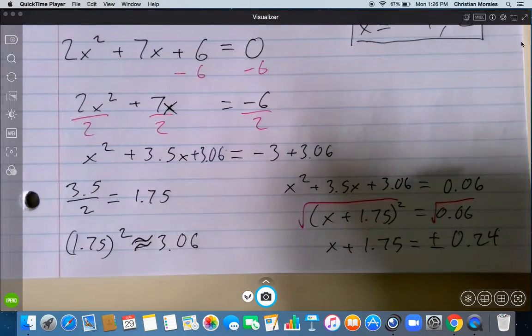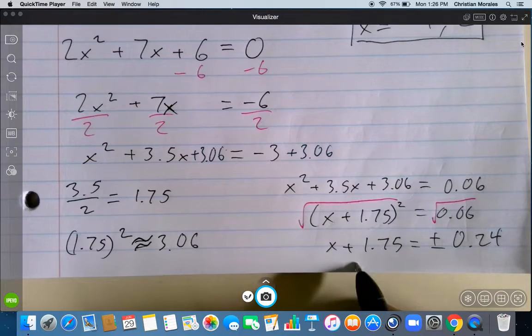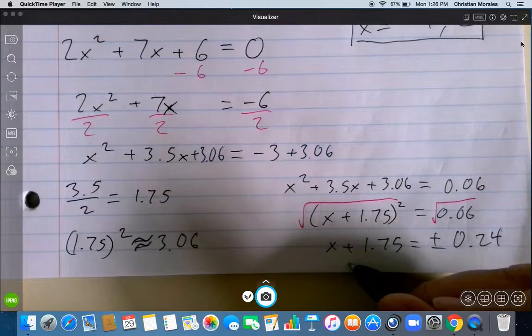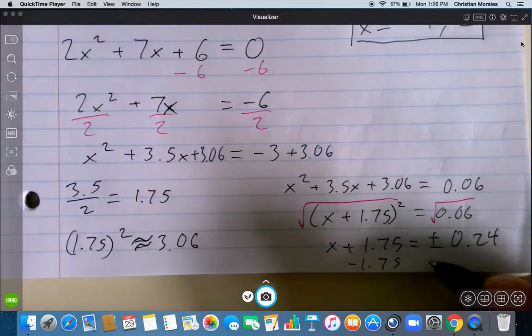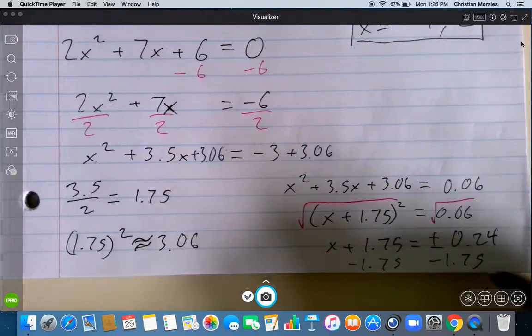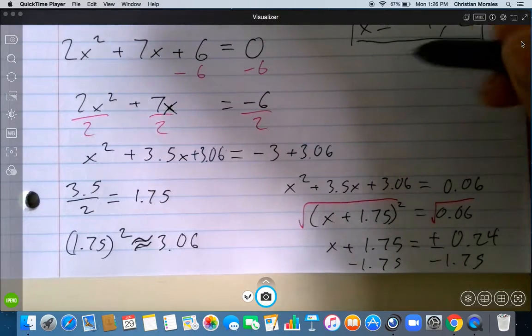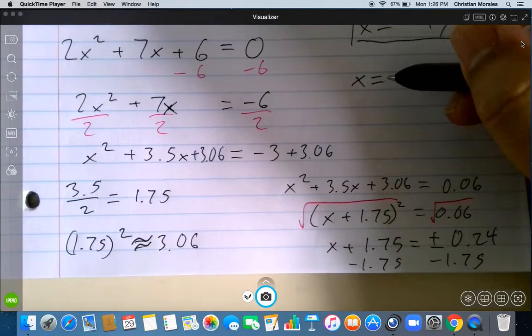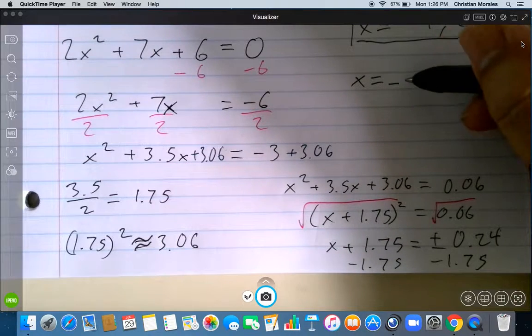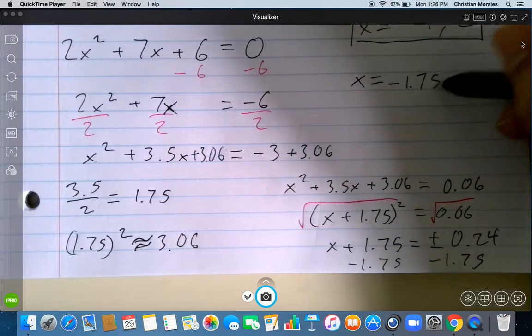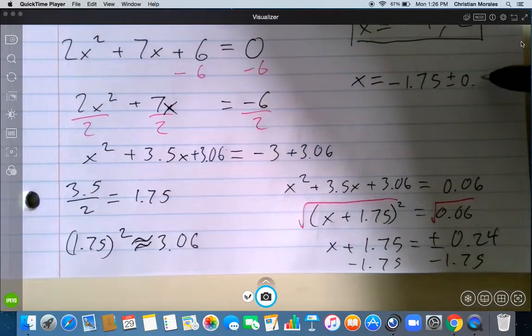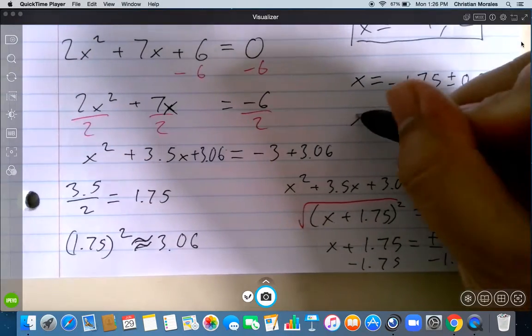Okay, I'm going to move 1.75. So I'm going to do minus 1.75, minus 1.75. I'm running out of space for this problem. I'm going to put it up here, guys. So x equals -1.75 plus or minus 0.24. So I'm going to get two answers.